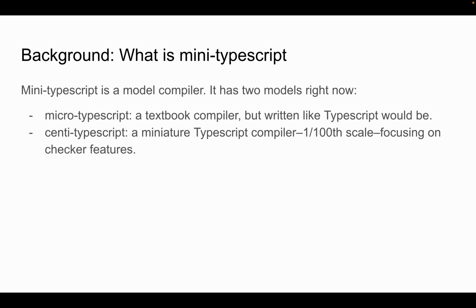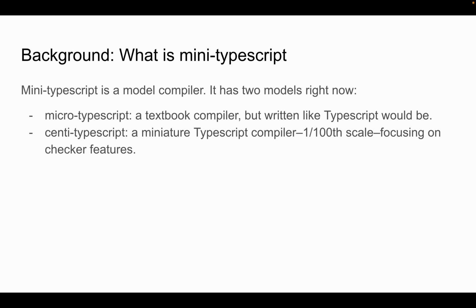So some more background. What is Mini TypeScript? It's a model compiler. It has two models that I wrote. One is Micro TypeScript, which is a textbook compiler, sort of the smallest vertical slice of a language I could imagine, like you would find in a textbook. But it's written making some of the choices that TypeScript would make when compiling. But it's still very small.